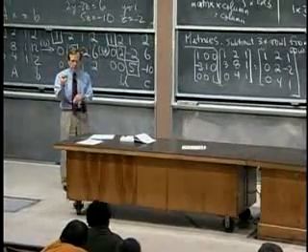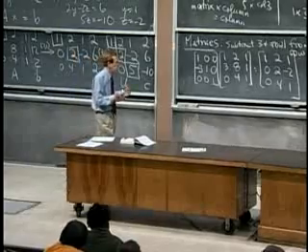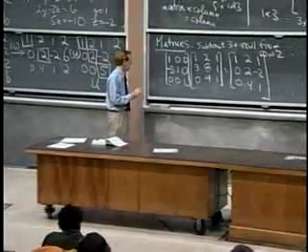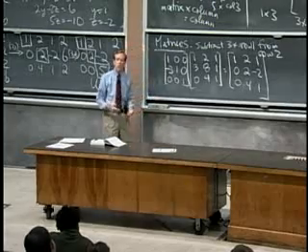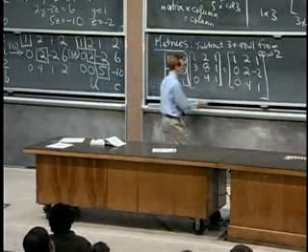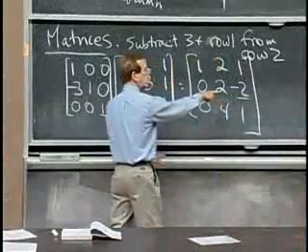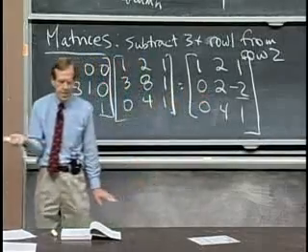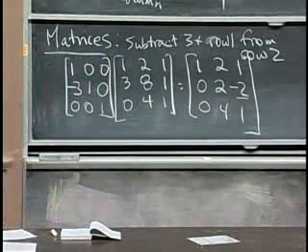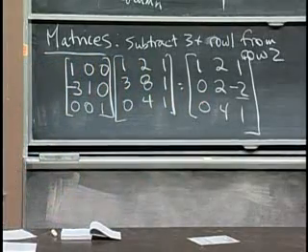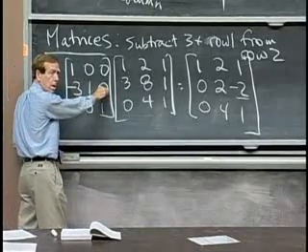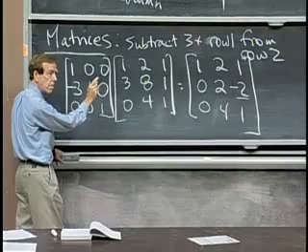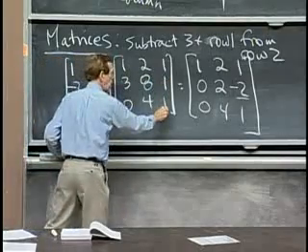Should we check some particular entry? How do I check a particular entry of a matrix in matrix multiplication? Suppose I wanted to check the entry in row 2, column 3. Where does it come from? I would look at row 2 of this one and column 3 of this one.